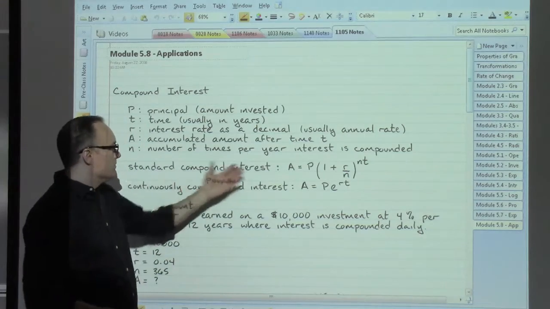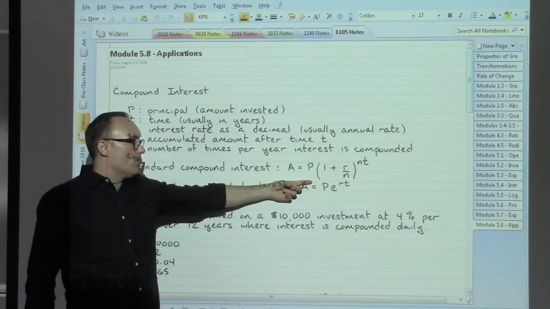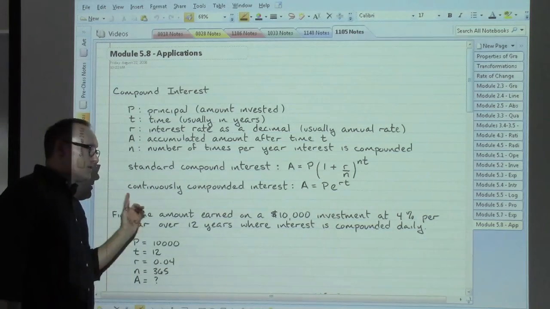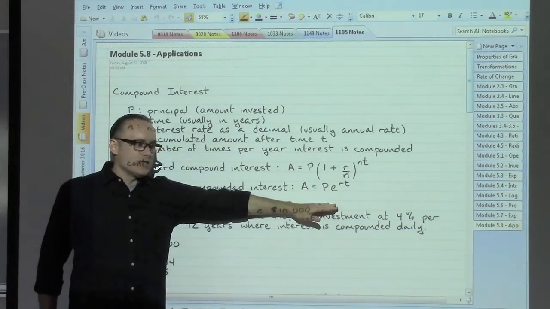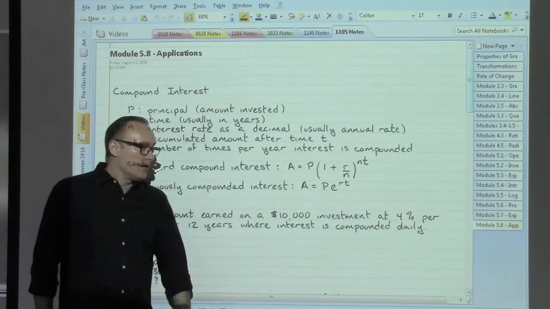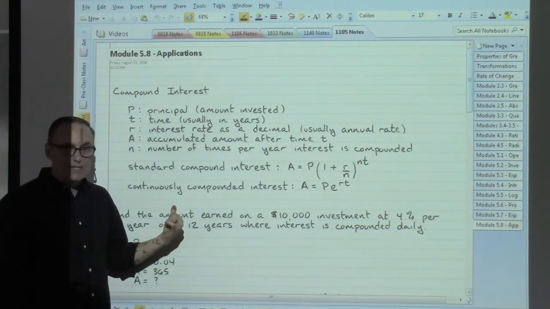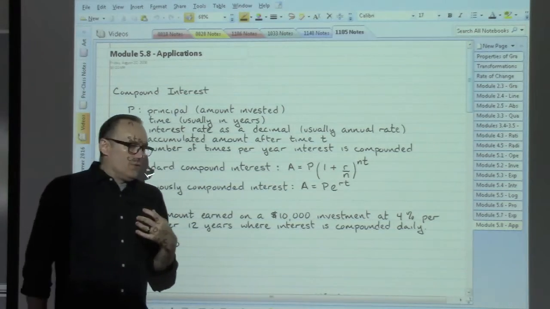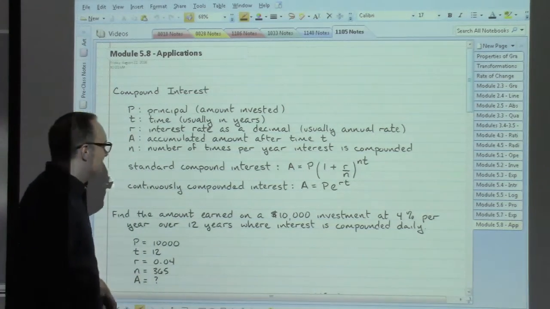They do expect you to know what everything means when we talk about the standard compound interest or the idealized version of things, which we talk about as the continuously compounded interest. We'll come back around to that as well in a moment.